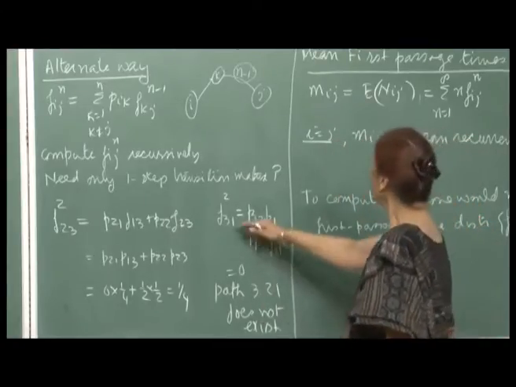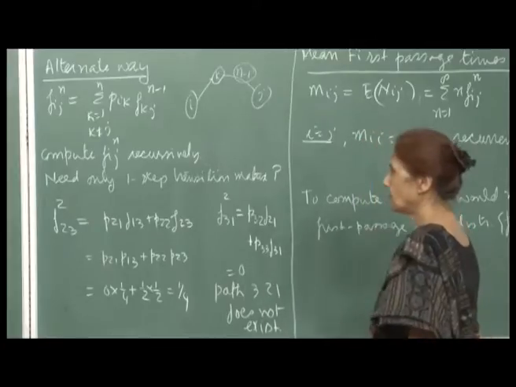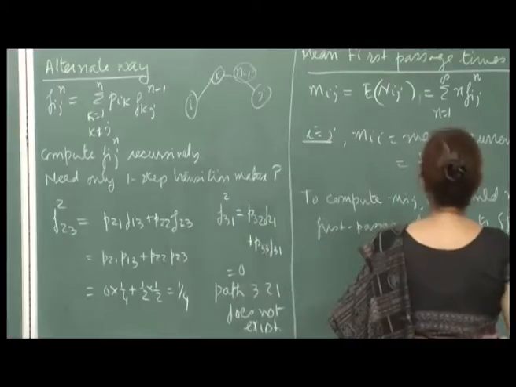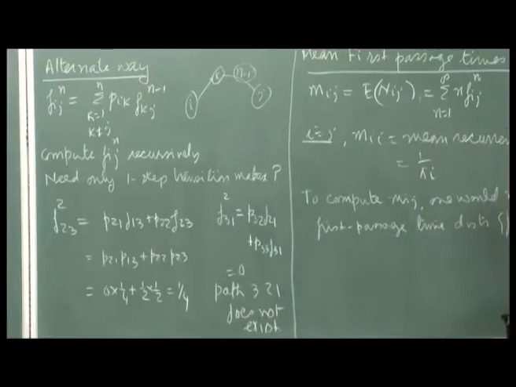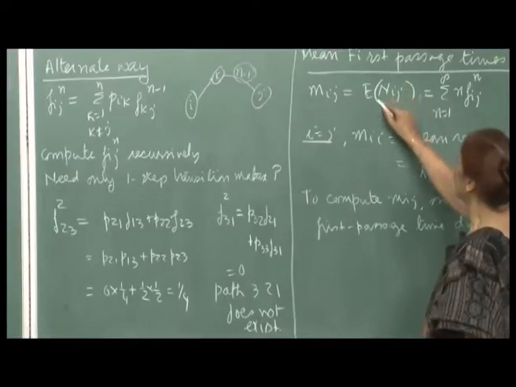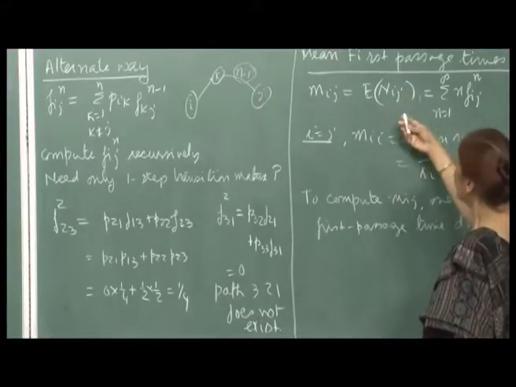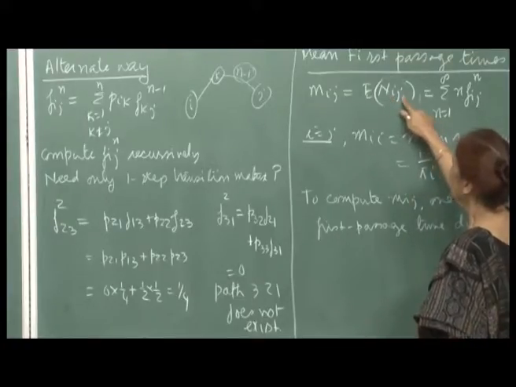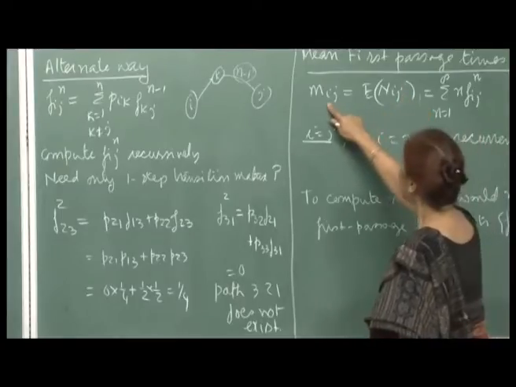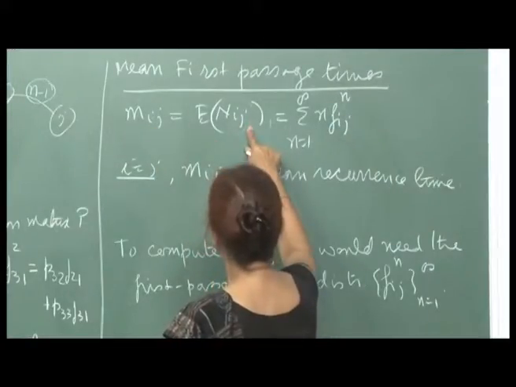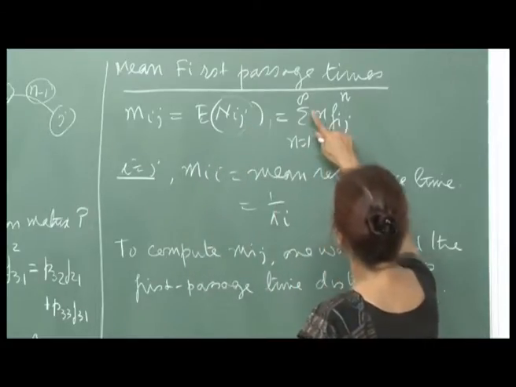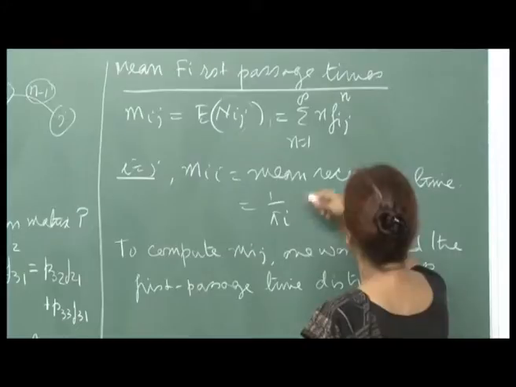So this is definitely a better way of computing your f_ij(n). Now once we know this, let us talk about the mean first passage times. Remember, N_ij we have denoted as the number of transitions that you require for going from i to j for the first time. Then the mean first passage time will be the expectation of the random variable N_ij, which you will write as the sum for n varying from 1 to infinity of n f_ij(n).